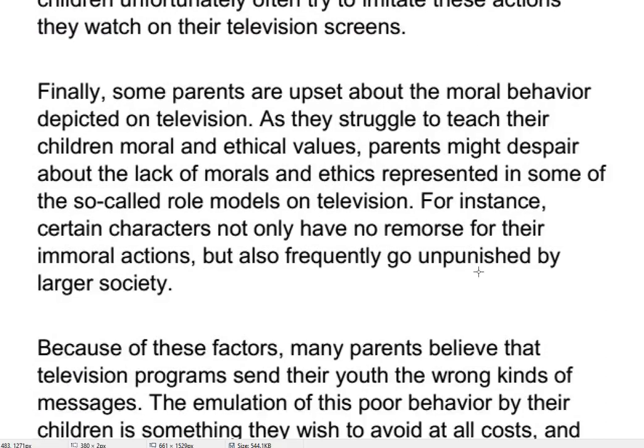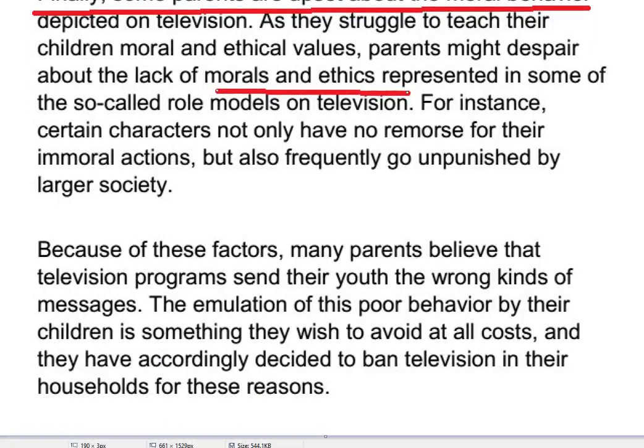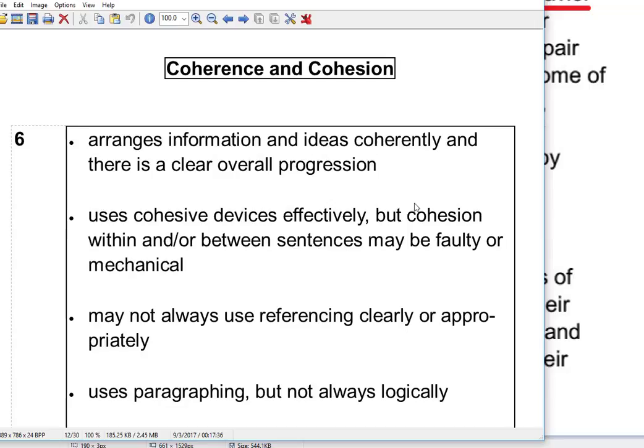Okay, yeah, there are definitely central themes to each paragraph. Moral behavior, moral ethics. Okay, here's the conclusion. Okay, so here's two. Paragraphing. Paragraphing is used effectively.